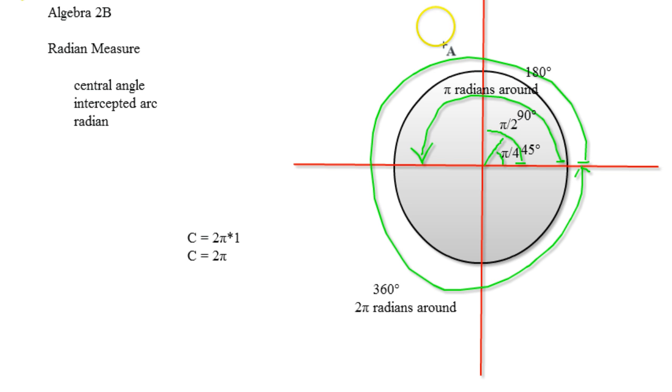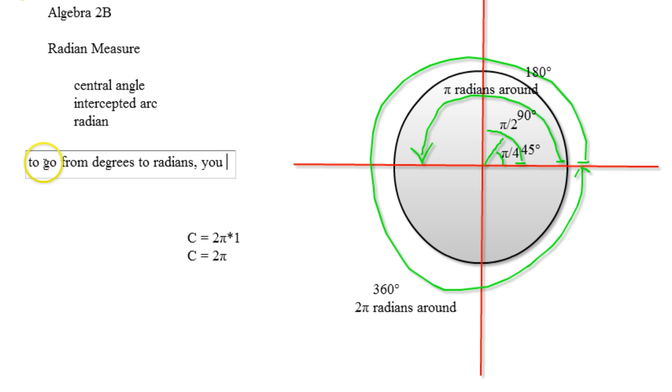Now, if you use all these conversions to go from degrees to radians, you multiply by pi divided by 180 degrees.